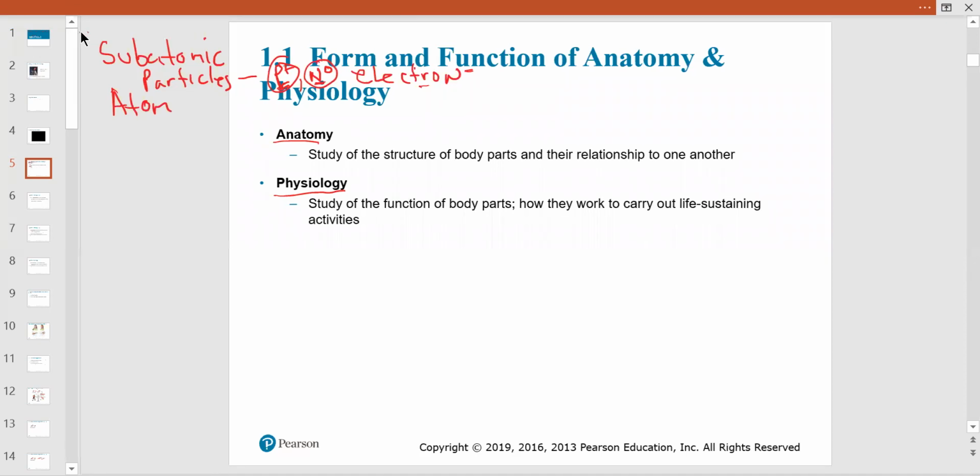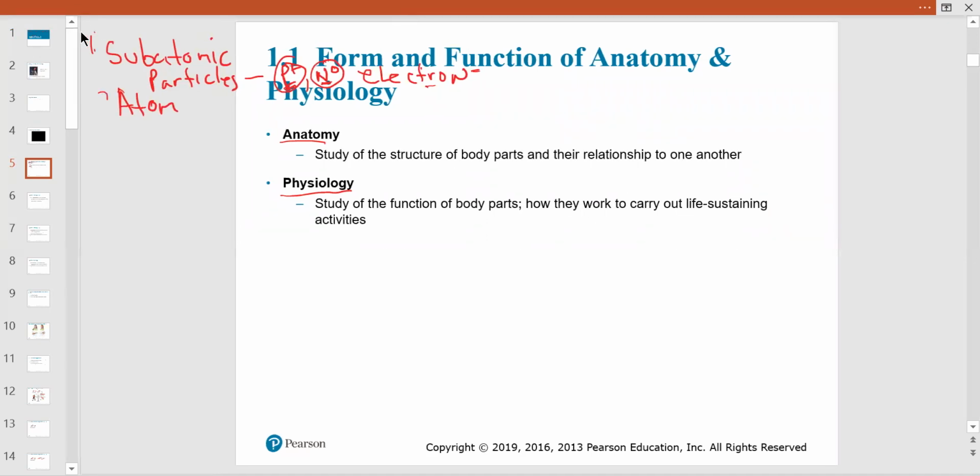And subatomic particles are the first thing, first level. Atom would be second. The neutron also stays at home, and they call that the nucleus of the atom, not the nucleus of the cell, the nucleus of the atom. But this electron, this is the guy or gal that likes to party, likes to go out and bond with other atoms and form molecules.